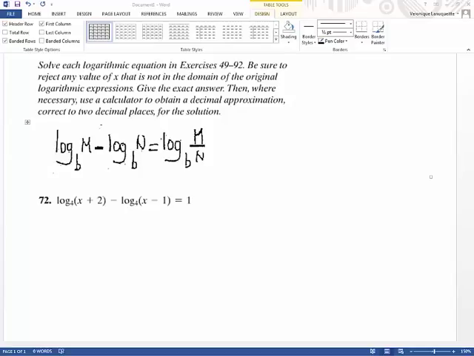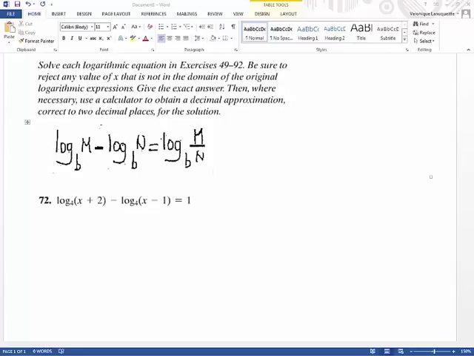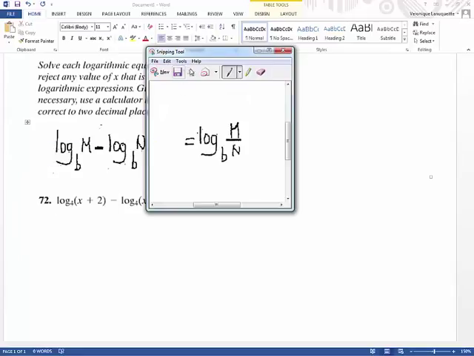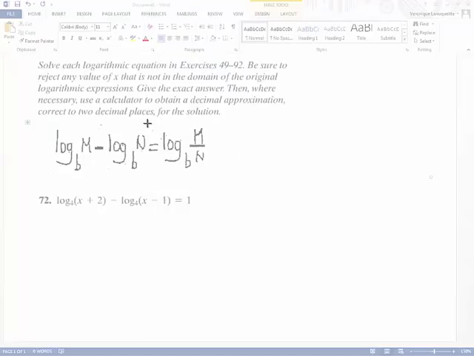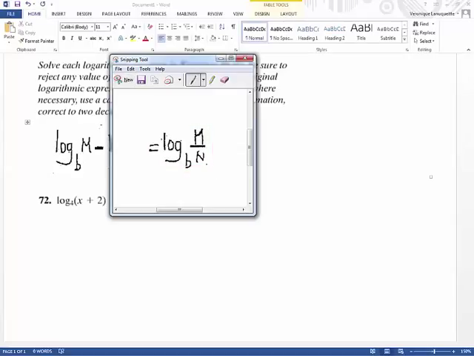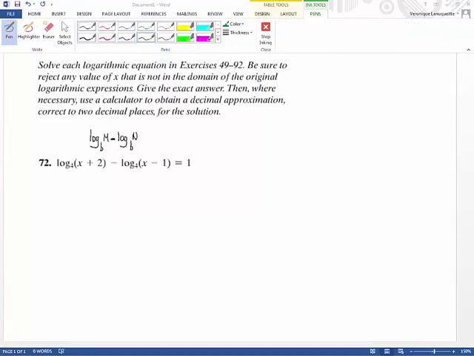So let me position the pieces properly. Now I'm going to basically for this formula just borrow the right hand side. So now we do see that we do have two logs and they are separated by a subtraction symbol. The base we're dealing with is base 4 in this case.